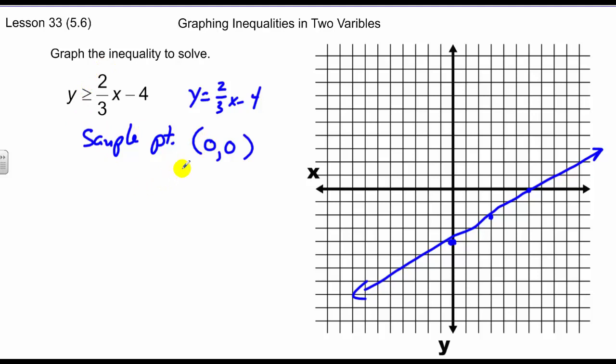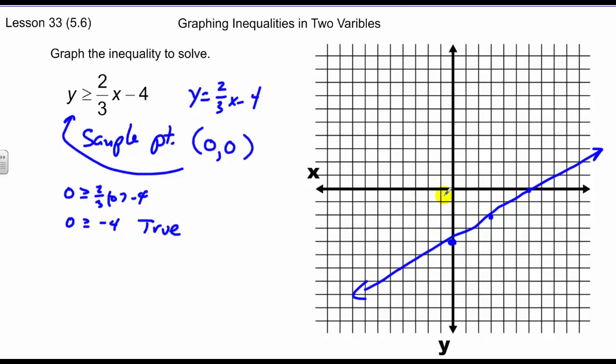Plugging 0, 0 into my original equation, I get 0 is greater than or equal to 2/3 times 0 minus 4. So this says 0 is greater than or equal to negative 4. And this ends up being a true statement.